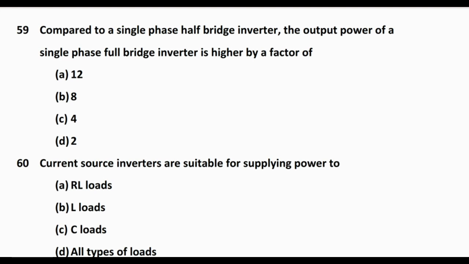First thing, compared to a single phase half bridge inverter, how much bigger is the power? The RMS voltage of a single phase full bridge inverter is 2 times that of the half bridge inverter. So as voltage is 2 times, power will be 4 times, because here the question asks about output power.